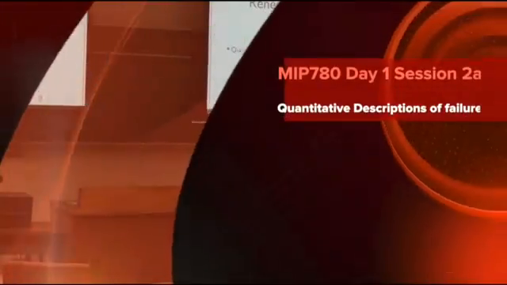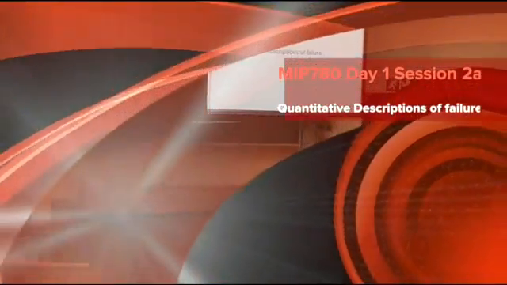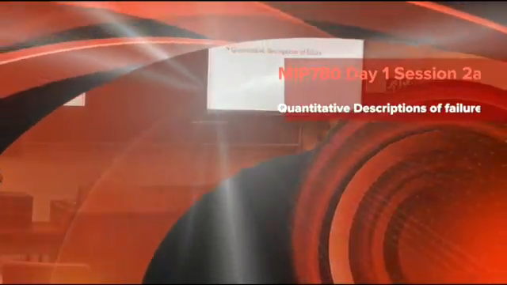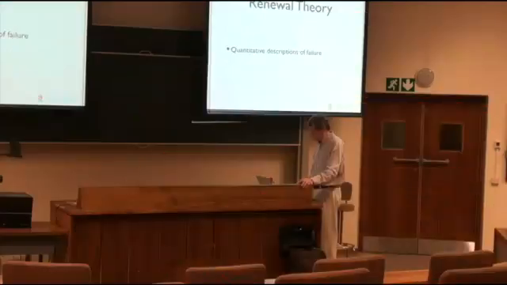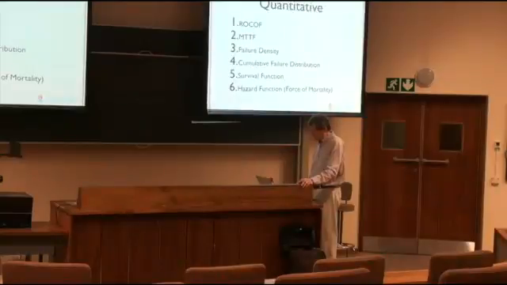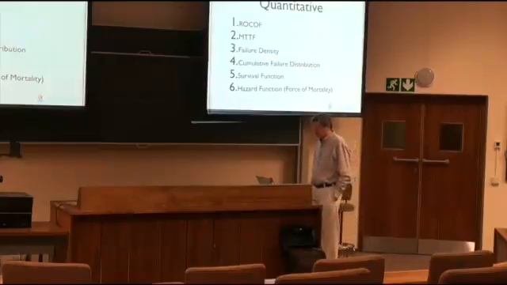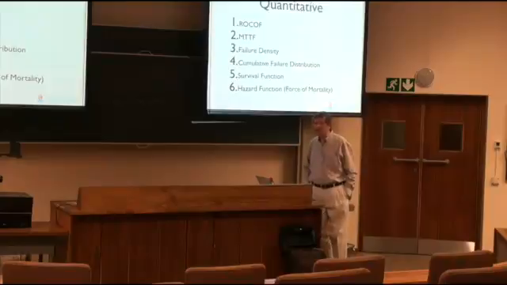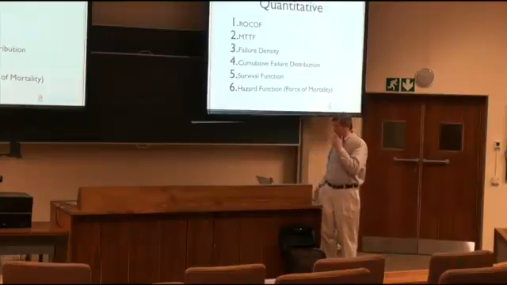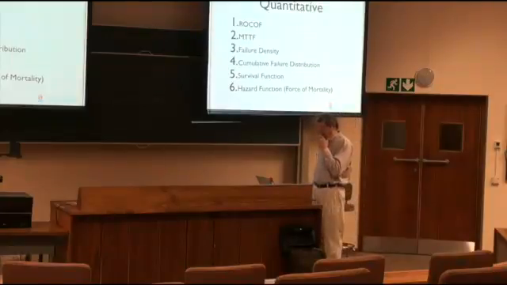So let's then look at some quantitative descriptions of failure, which you will find in the textbook there. The first one is the ROCOF, the rate of occurrence of failures. You will find in the textbook it was called the failure rate.